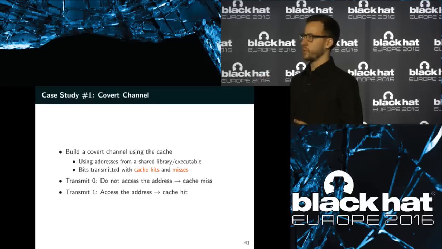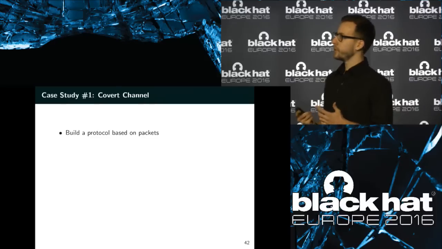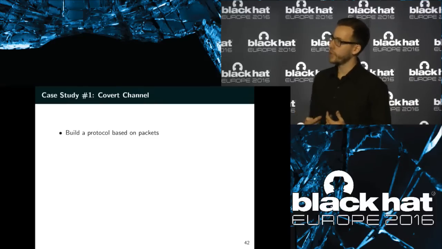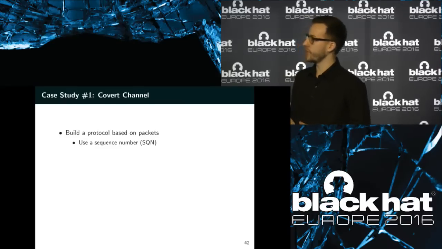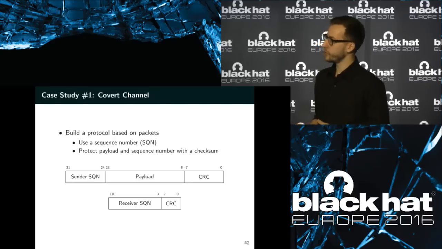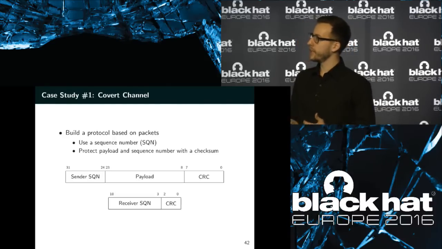If you want to transmit a 1, the sender will access the address and the receiver will measure a cache hit. And using those building blocks, we can build a protocol. So we used a sequence number, and also a checksum to protect our payload so that we can check the integrity of the data and can resend data if we are required to.